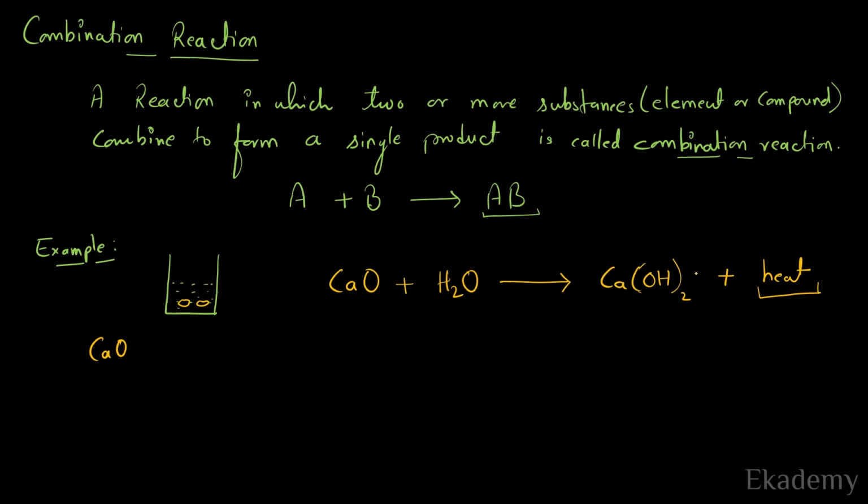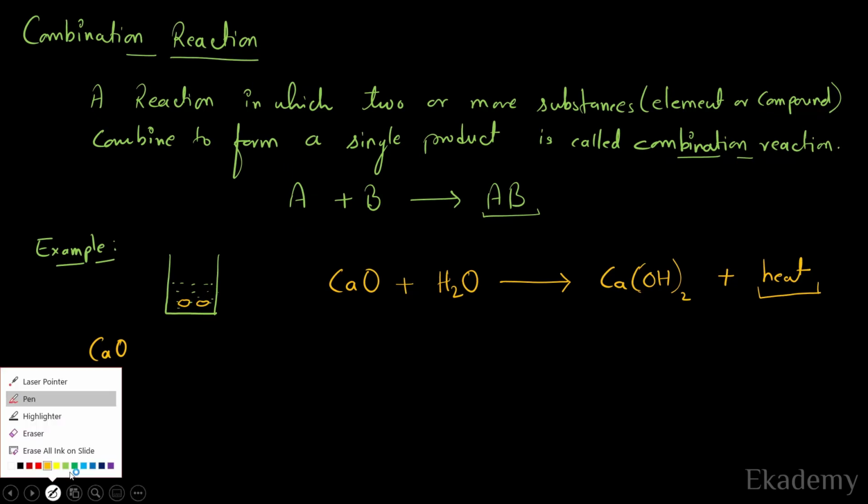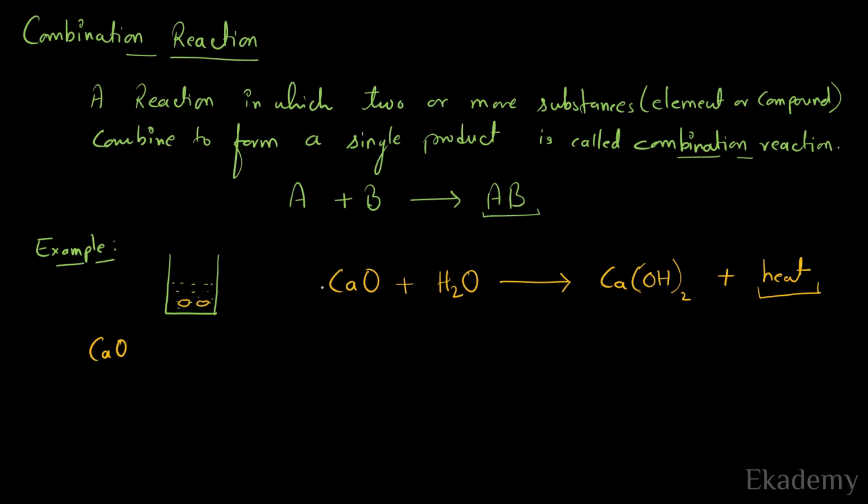So it is an example of a combination reaction where calcium oxide combines with water to form calcium hydroxide. Calcium oxide is also known by another name, and these names are very important. You must remember these names also. It is called quicklime. Calcium hydroxide is known by the name slaked lime.